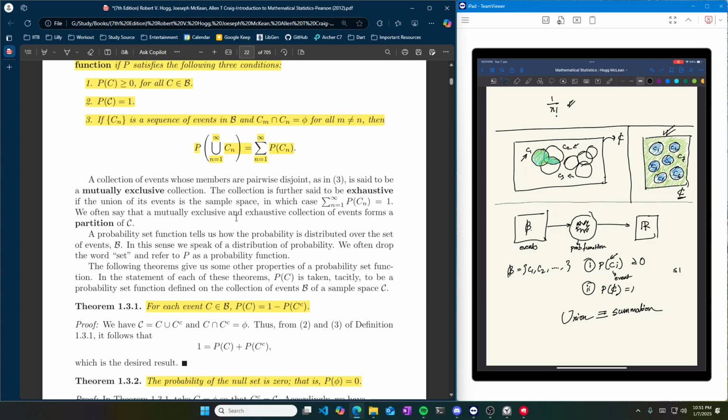Then the summation of all of them would be 1, obviously. We can understand that because the probability of this is always going to be 1, right? So C is nothing but C1 union C2 union C3 union C4 union C5 union C6 union C7, right?